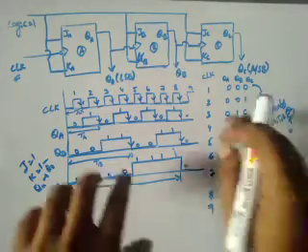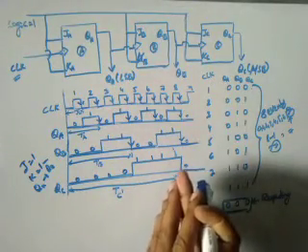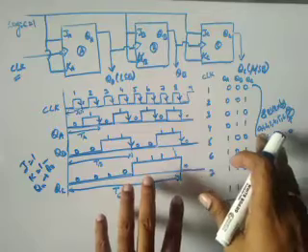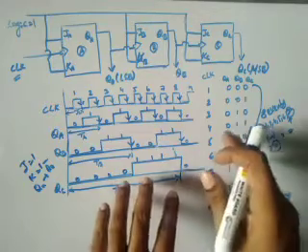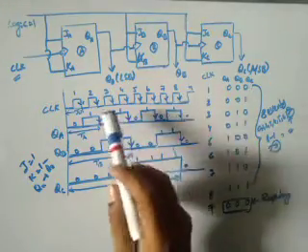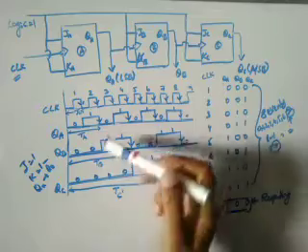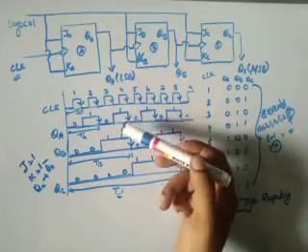So now for the down counter, what do we have to do? For the down counter I will draw the picture here. As I have explained here, the pulses will just reverse.